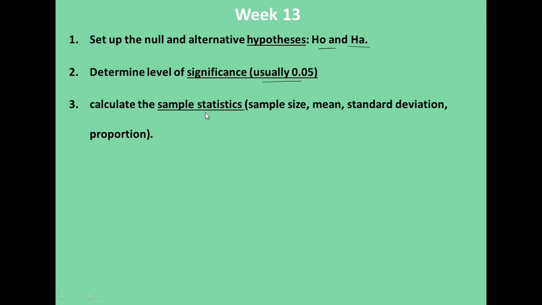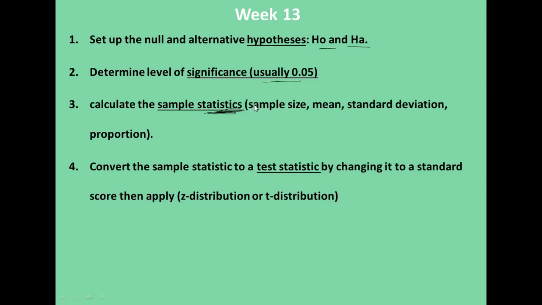These are the numbers that we get from your sample. And then you use a formula, depending on whether you are dealing with proportion or mean. The formula will help you to convert this sample statistic into a test statistic. Then we use the test statistic to find a p-value.